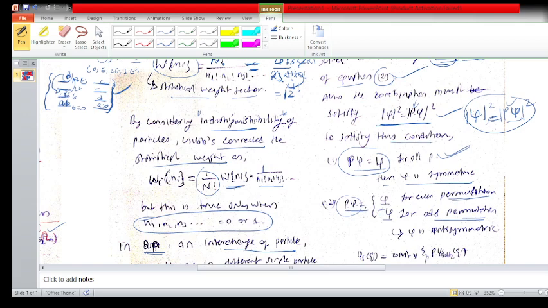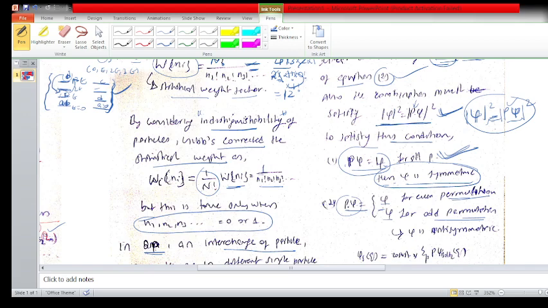So the first condition is P psi should be psi. That is, the permutation operation on psi gives the same wave function psi for all permutations P, which means psi is symmetric.